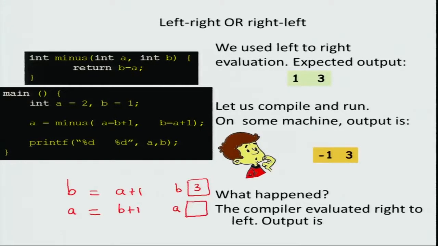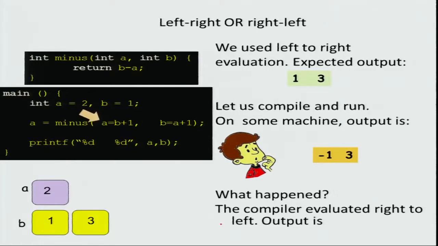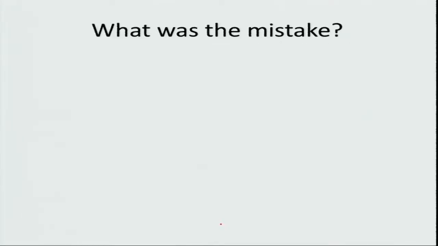So, a gets the value 4. Okay. So, when you call minus of 4 comma 3, minus will return 3 minus 4, which is minus 1. So, in this case, you know that b gets the value 3, a gets the value 4, and the result will be minus 1.